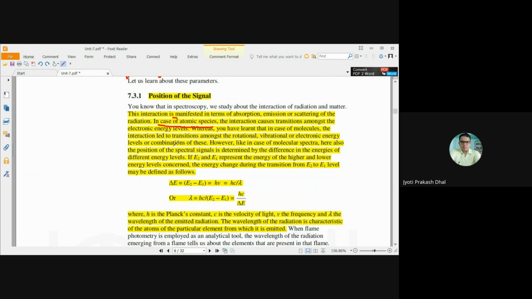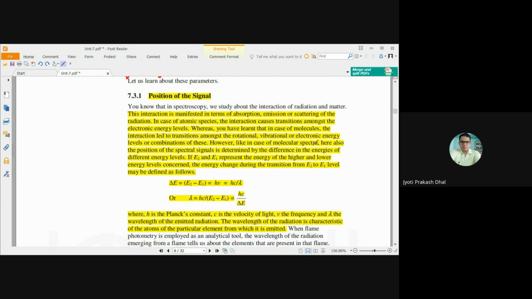But in case of atomic species, the interaction causes a transition among the electronic energy levels only. Whereas you have learned that in case of molecules, the interaction leads to transition among the rotational, vibrational, and electronic energy levels or a combination of all these.